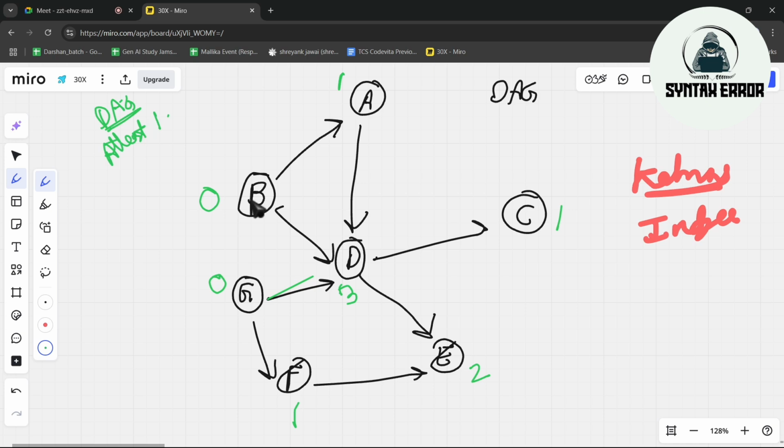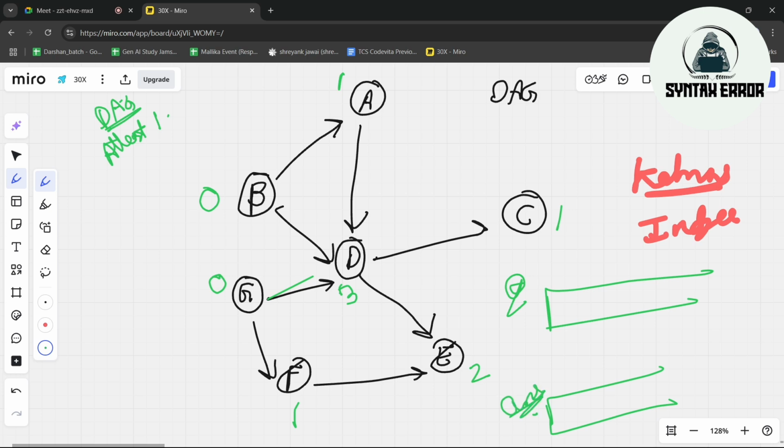Now what do we have to do? We have to take a queue, and here we will get our answer, or let's say our topological sort. So what Kahn's algorithm says is, take one vertex which has 0 in-degree and push it in our queue.